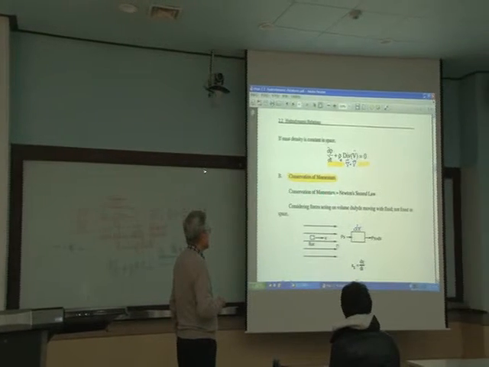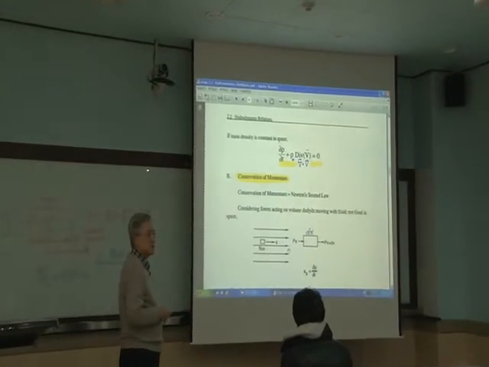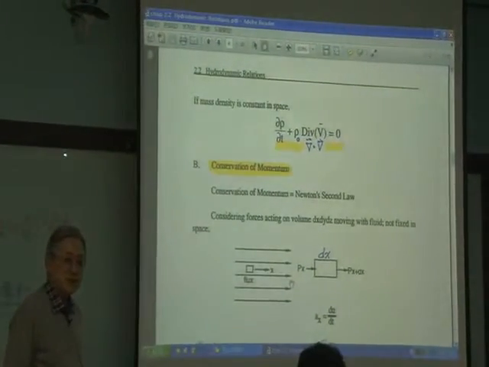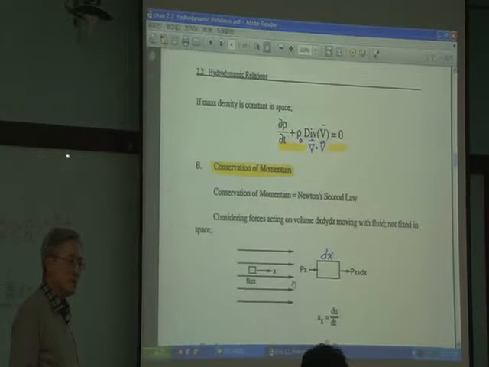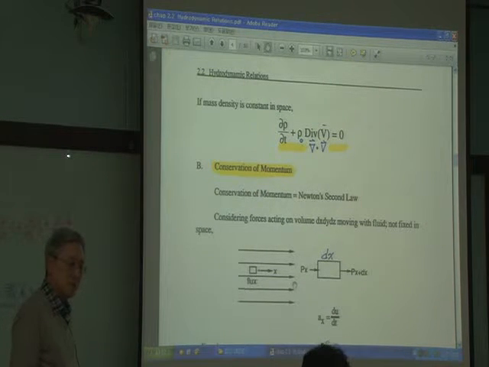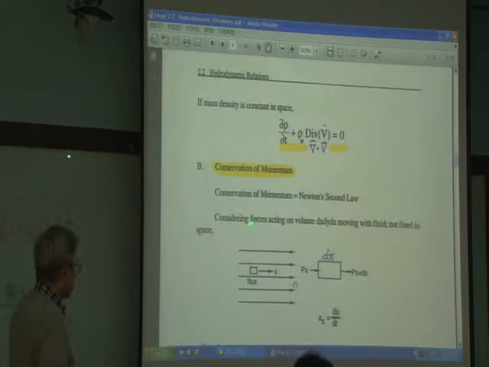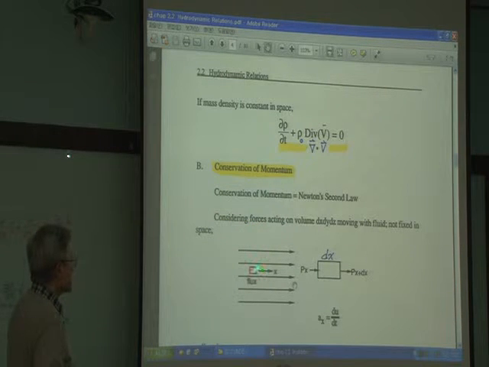Conservation of momentum is equal to Newton's second law. m x double dot is equal to F. That's what Newton's second law is. So this time you are considering the forces acting on the volume dx, dy, dz, moving with the fluid, not fixed in space.